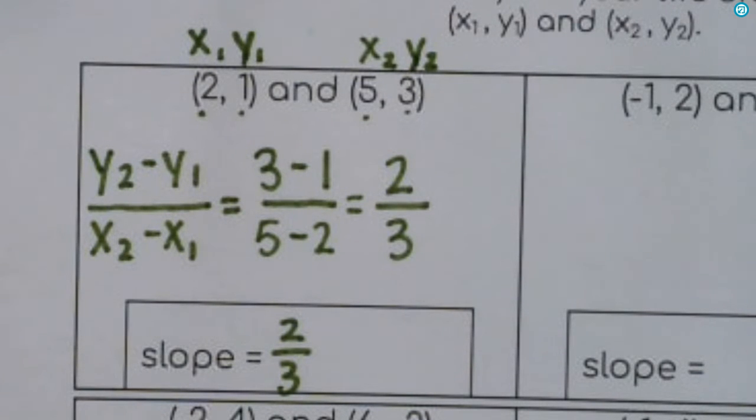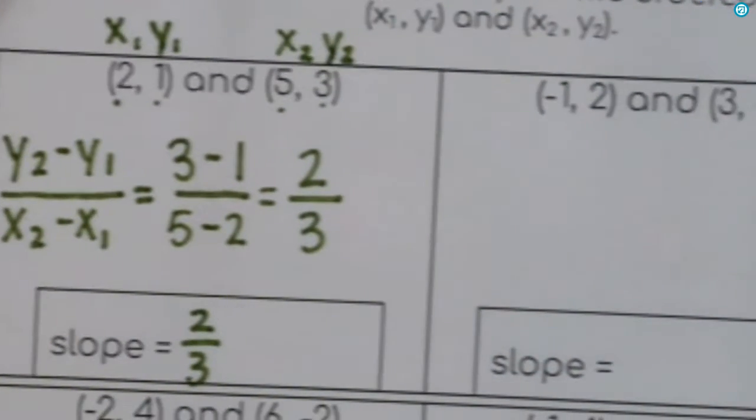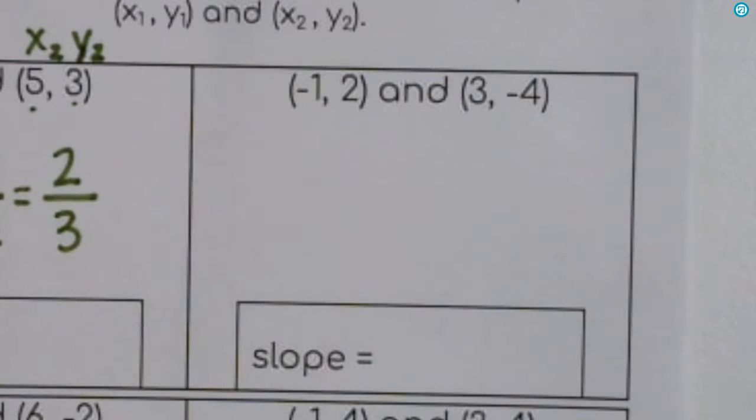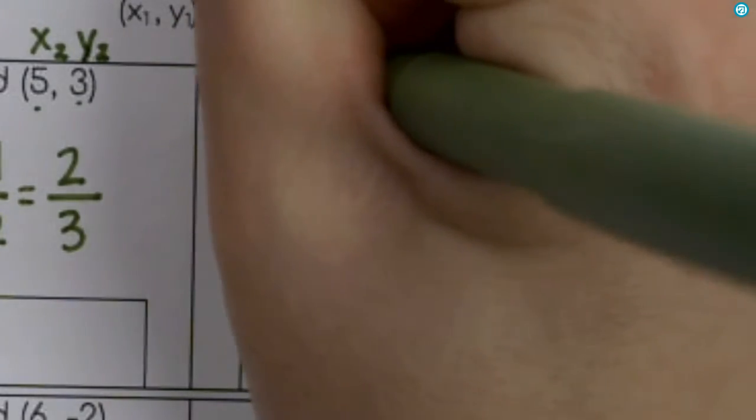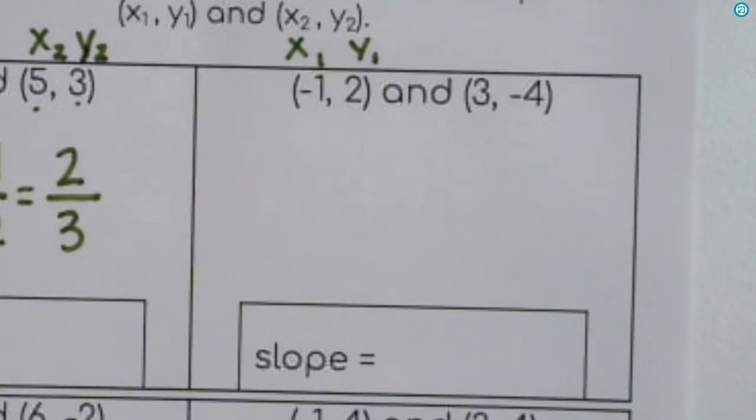Okay. Any questions about that one? Moving over to our next one then. Our next one is negative 1, 2. So that is going to be x and y from my first ordered pair. I'm going to label those.